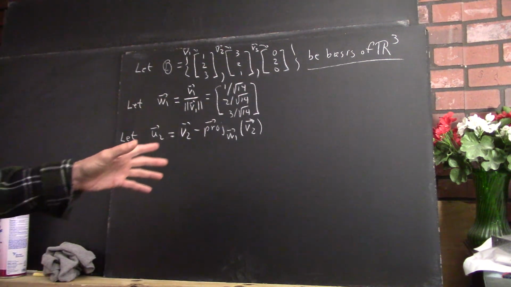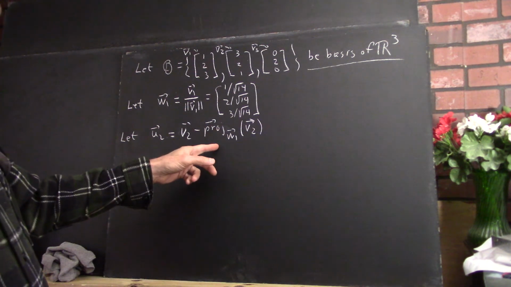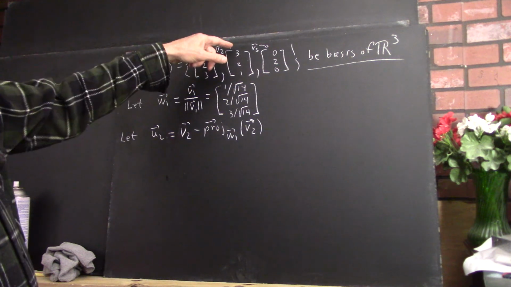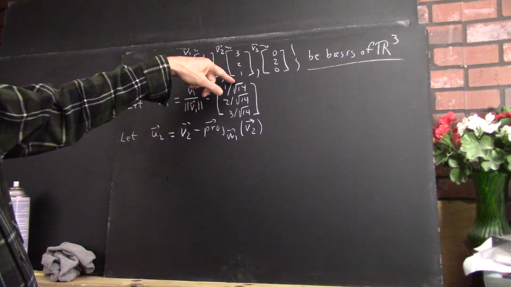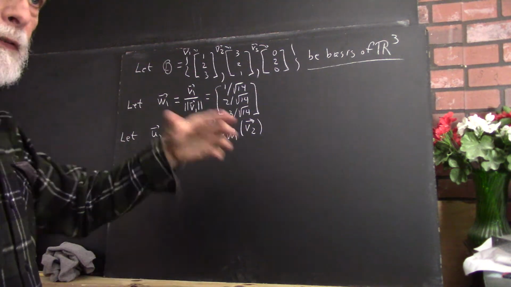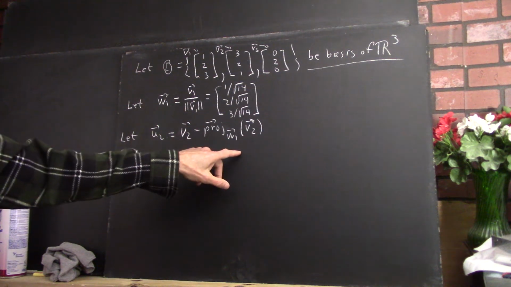I'm having all kinds of trouble here. You know the projection isn't going to be 0, because W1 is just parallel to V1, which is not perpendicular to V2. So W1 is not perpendicular to V2, and the projection is not going to be 0. Okay, so U2 is going to be V2 minus this projection.